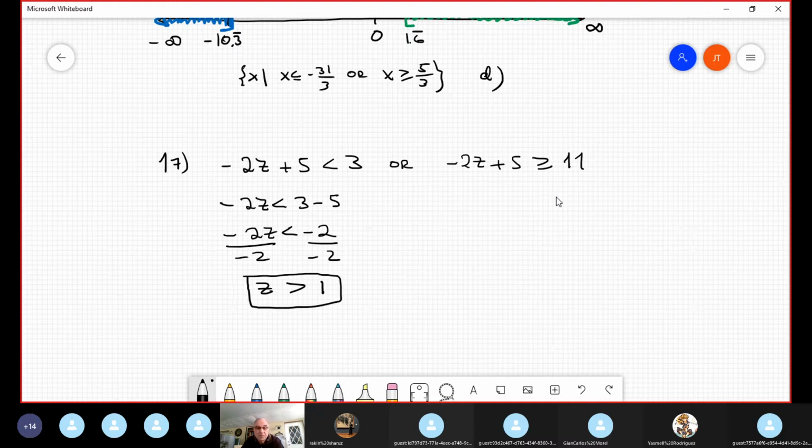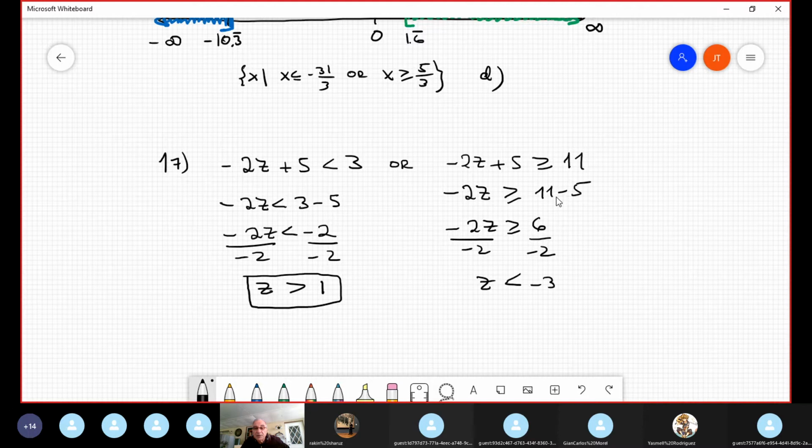Let's move on to the second part. It's 11 minus 5. It's 6, no? Divided by negative 2. See, entonces negative 3. I reverse it again on this side.